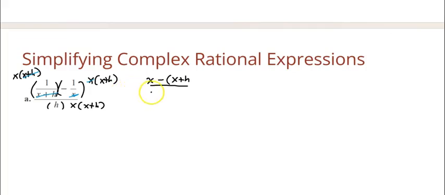We don't have anything left here. So for the bottom, we're just going to be left with this x plus h. But we need to realize that this guy right here is now over 1.